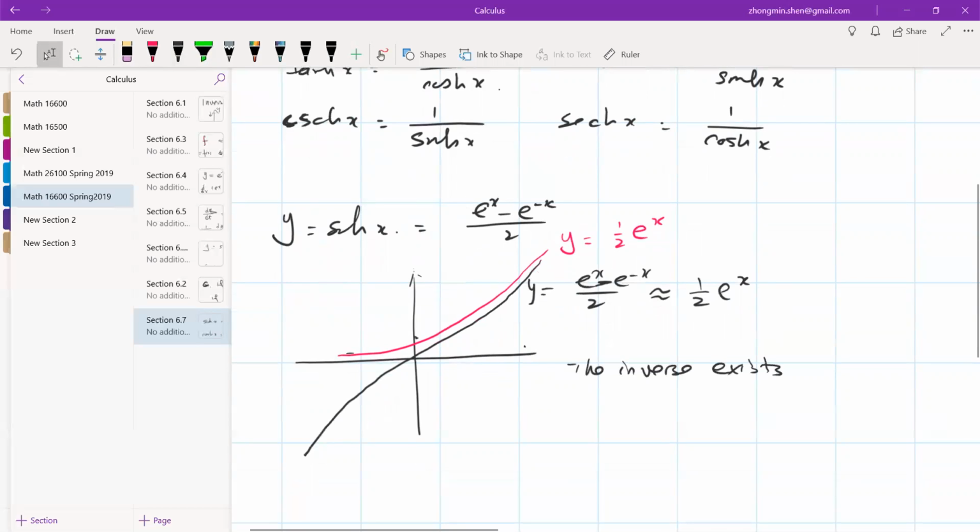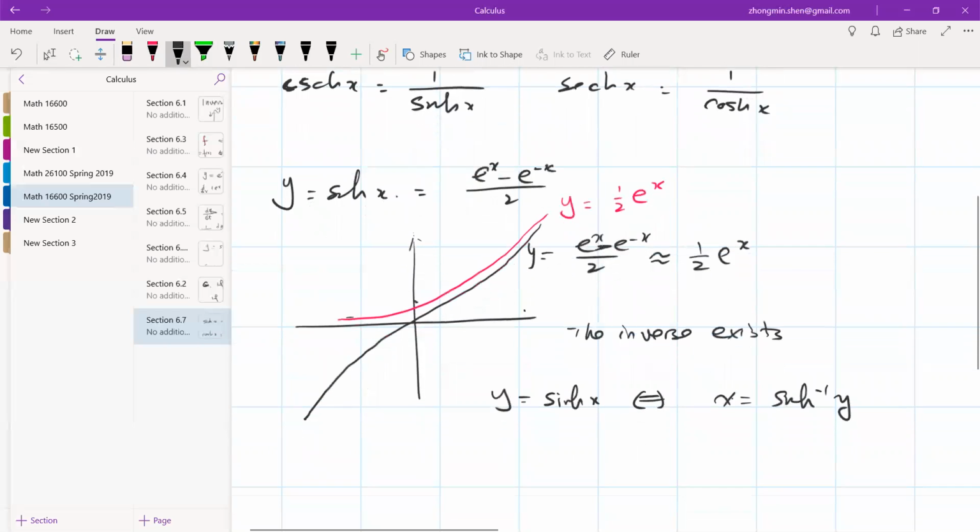If you look at this equation and solve for x in terms of y, you get x equals the inverse hyperbolic sine of y. Maybe we can call it arc hyperbolic sine.